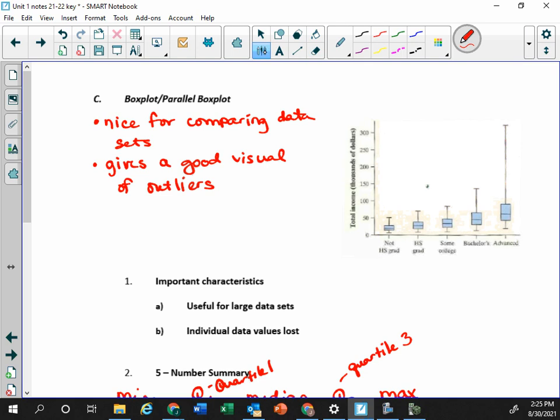Okay, so it is asking you to describe the distribution of those people with advanced degrees, okay? So you're going to tell me the center, any unusual features, the shape, and spread.